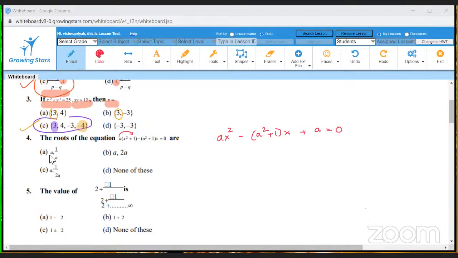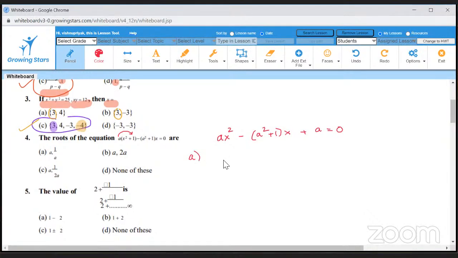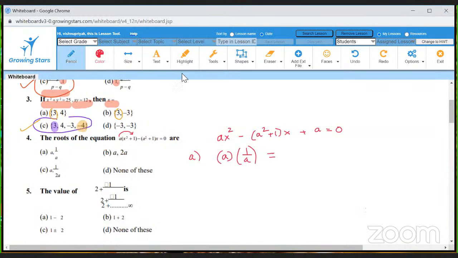Now, the roots are given to you. Take any option, first, second, third, any option. Product of the roots you have to see. Suppose you take option A, product of the roots a into 1 by a must be equal to c by a.